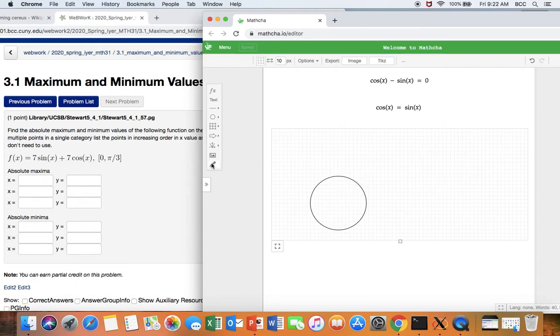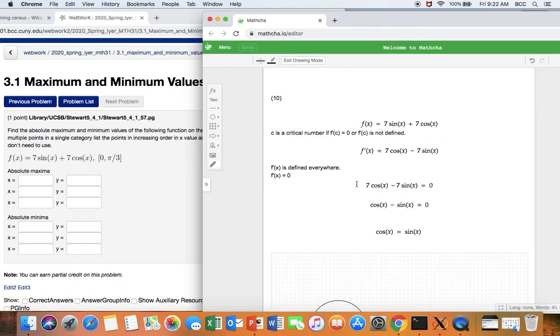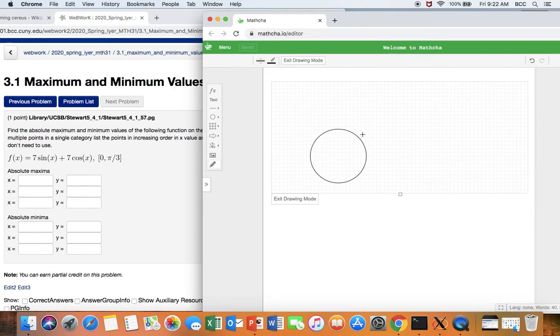So let me write it down. Here what happens is when the angle is 45 degrees. 45 degrees is nothing but pi over 4, and that fits within your interval 0 to pi over 3.